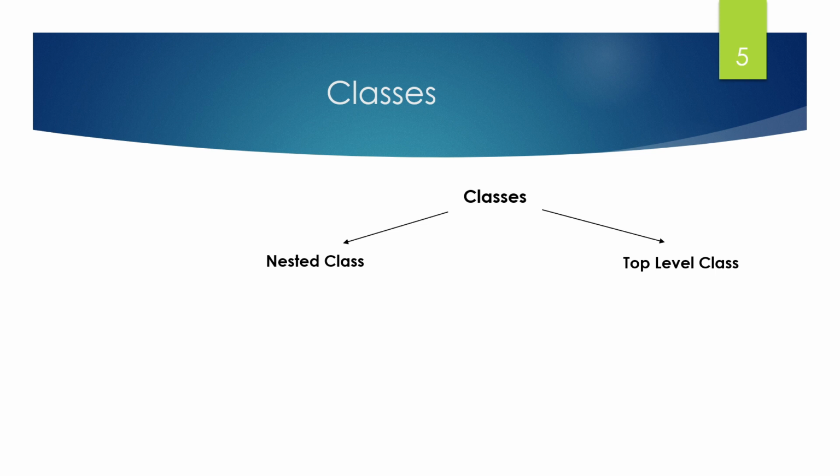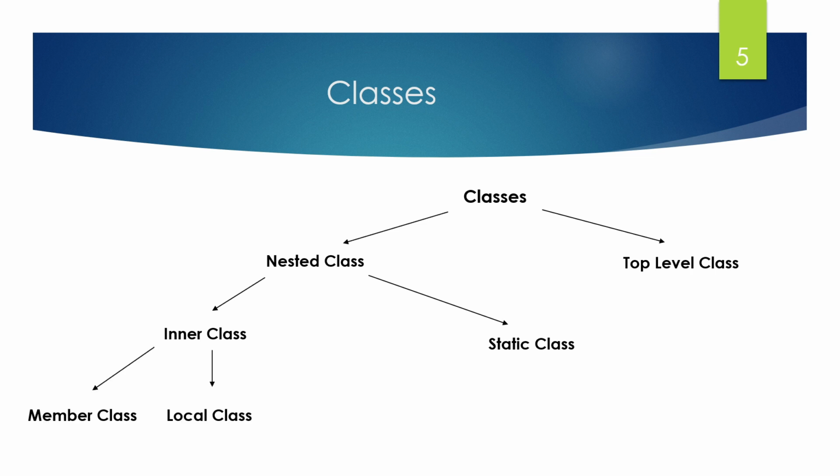For now, we should simply know that a top-level class is a class which is not a nested class. Nested classes themselves can be divided into inner classes and static classes. Inner classes are those nested classes which are not static, but they can be of three different types: member inner classes, local inner classes, and anonymous inner classes.